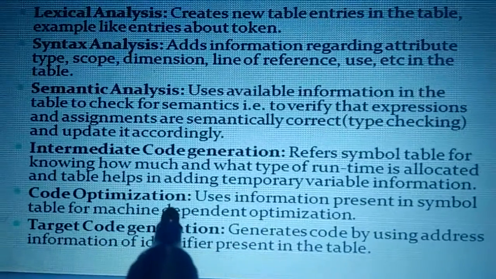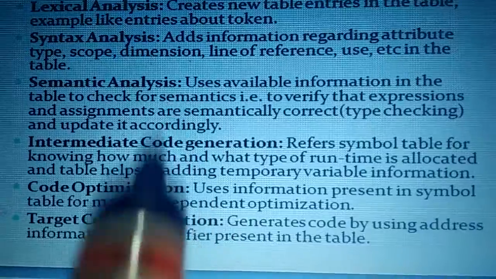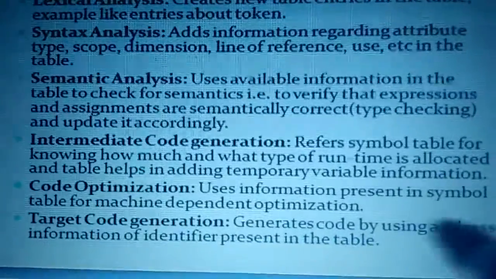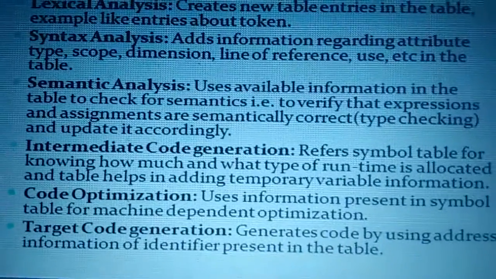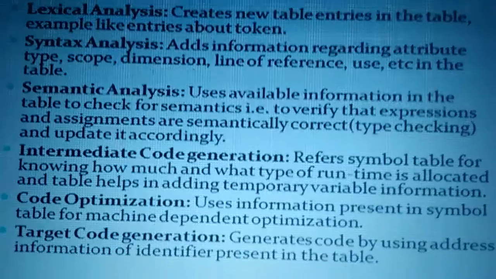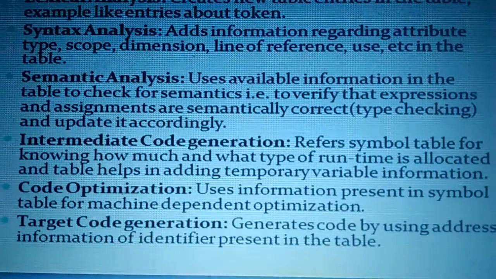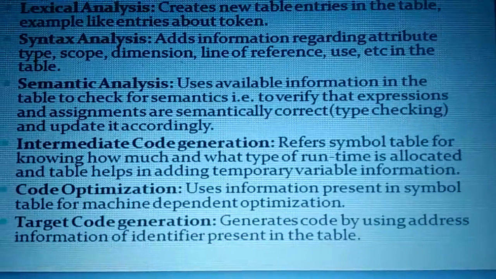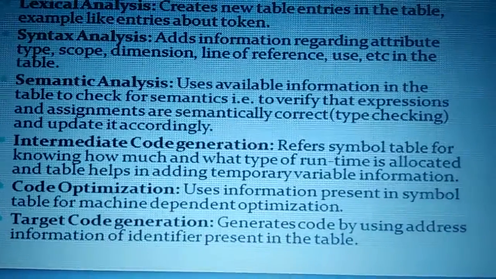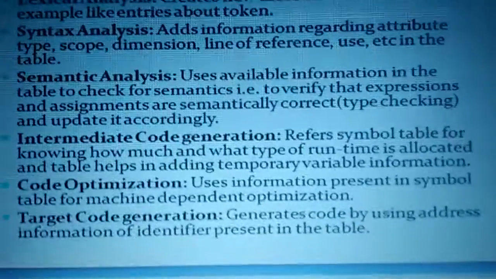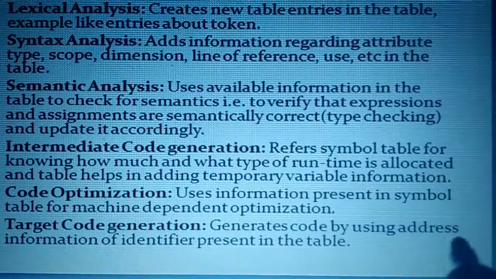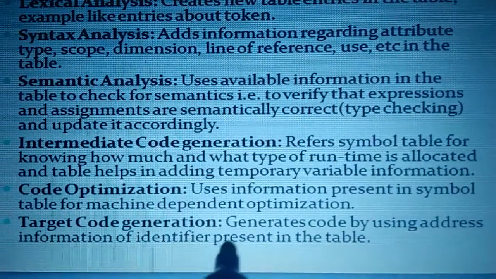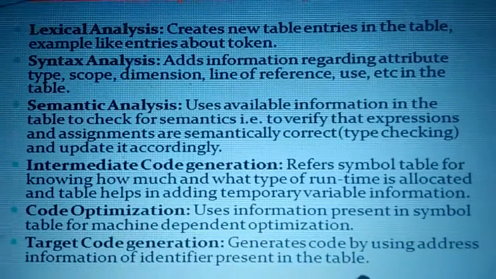Java was the language, and it generates the bytecode, so Java is said to be a machine independent language, and C and C++ are called machine dependent. So they don't have bytecode, they have the target code generation, and they make use of the entries present in the table. And target code is generated using the address code information of the identifier present in the table.